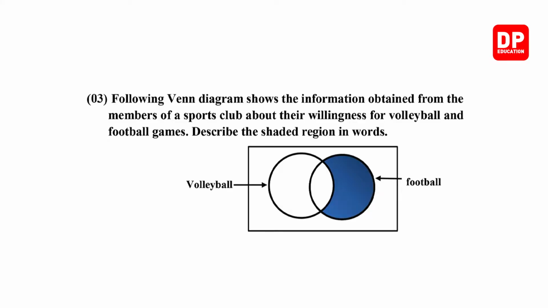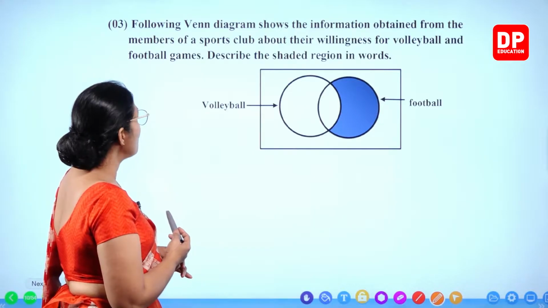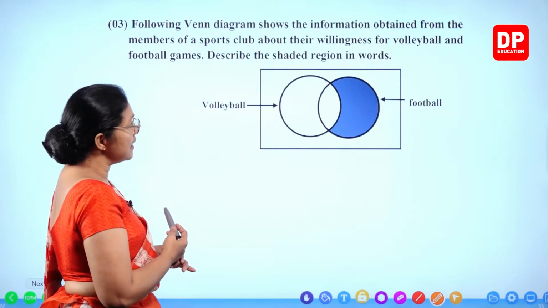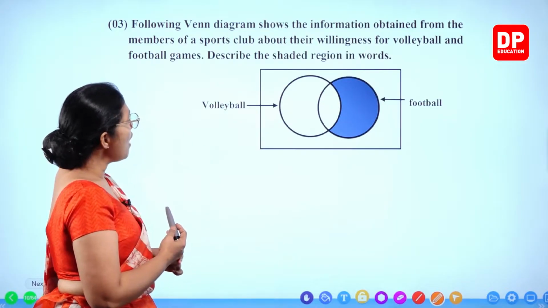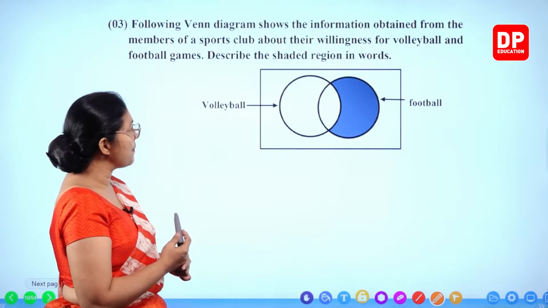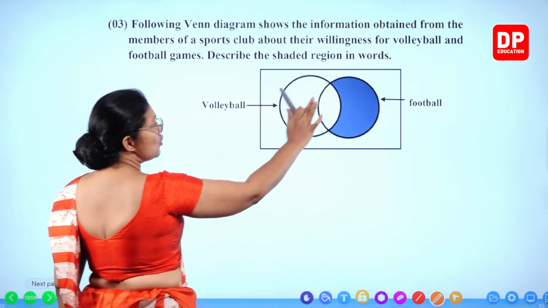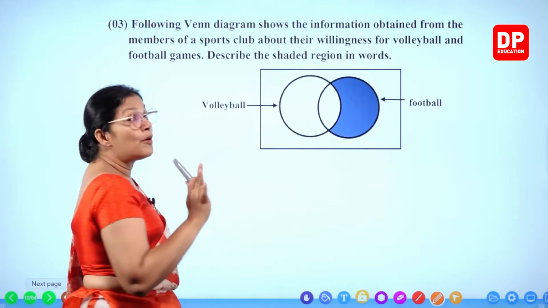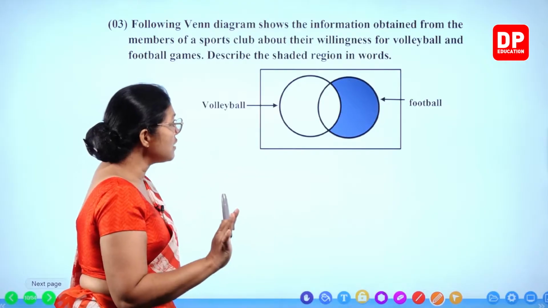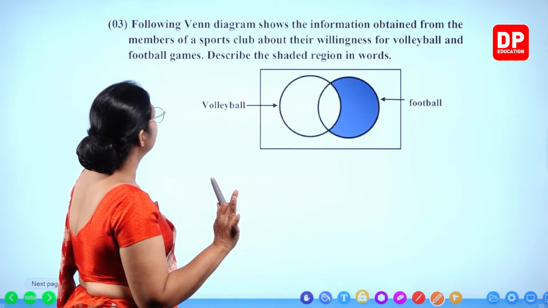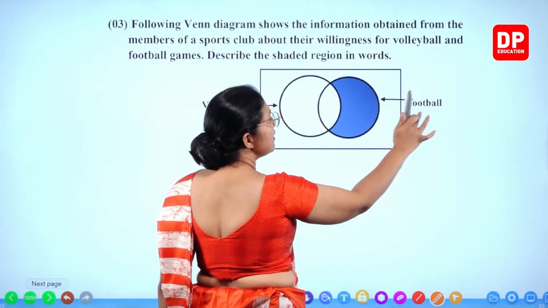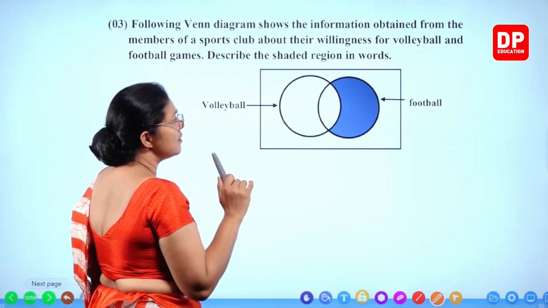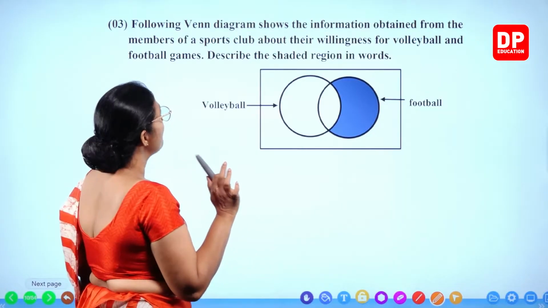Question number 3. The following Venn diagram shows the information obtained from the members of a sports club about their willingness for volleyball and football games. Describe the shaded region in words. So this shaded part is outside the volleyball circle. That means those who are not playing volleyball. And here it's inside the football circle. So how can we write it down?